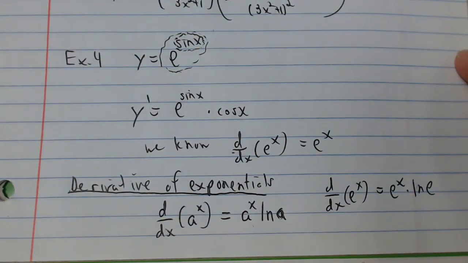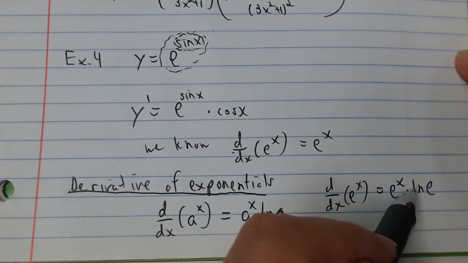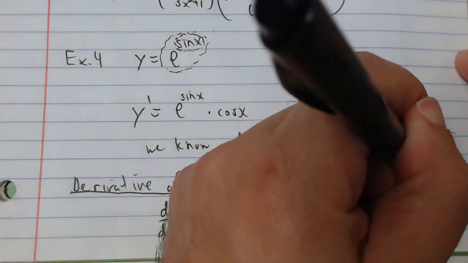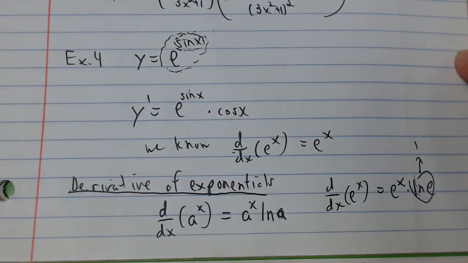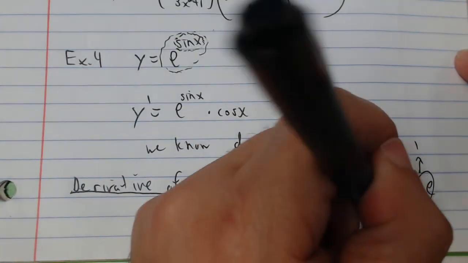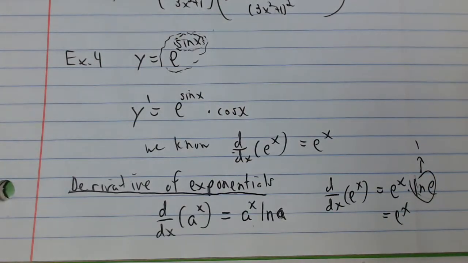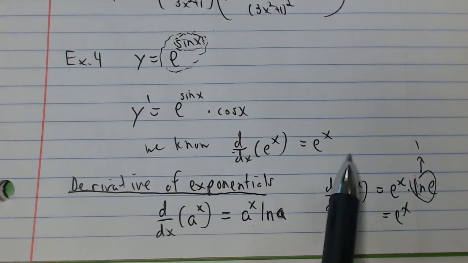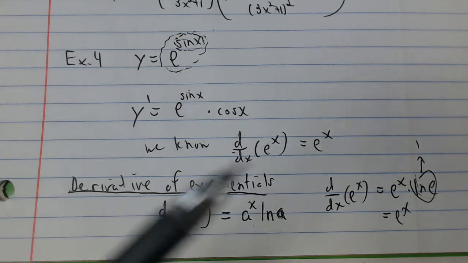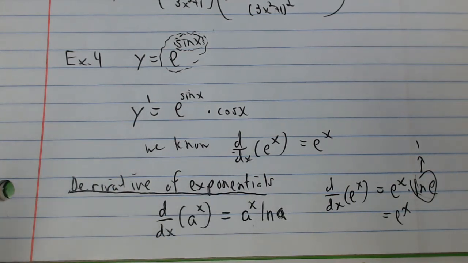And what is the natural log of e? The natural log of e is 1, so I actually get e to the x times 1, which is e to the x. The reason we didn't put the ln of e is that it would have been redundant, because ln of e itself is 1.